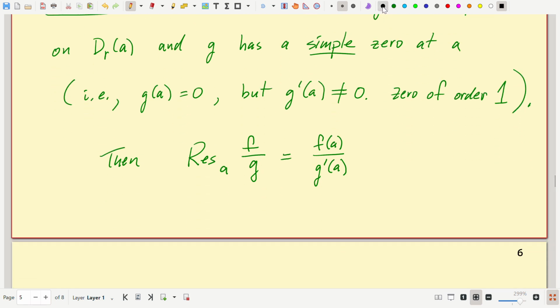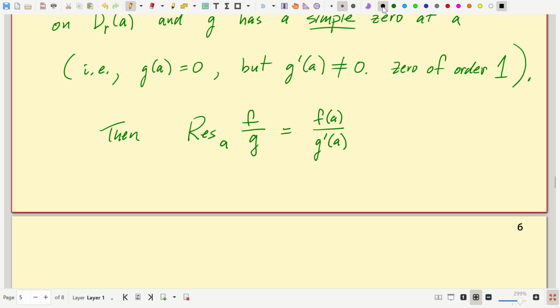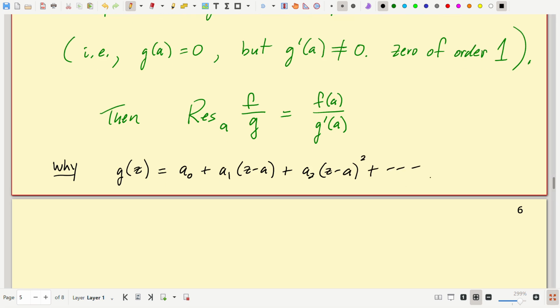And the why is a very simple thing. Let's see. We've done this before when we were studying the zeros of analytic functions. So g of z has a power series expansion, a naught plus a1 times z minus a, plus etc. And remember when we were studying zeros, a naught is the value g of a.